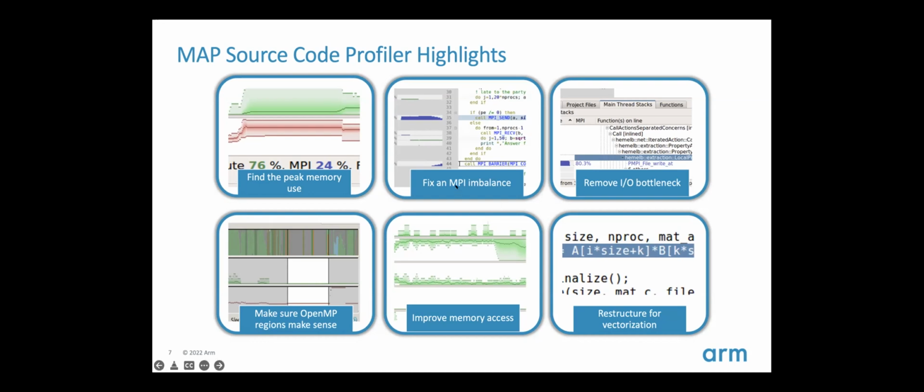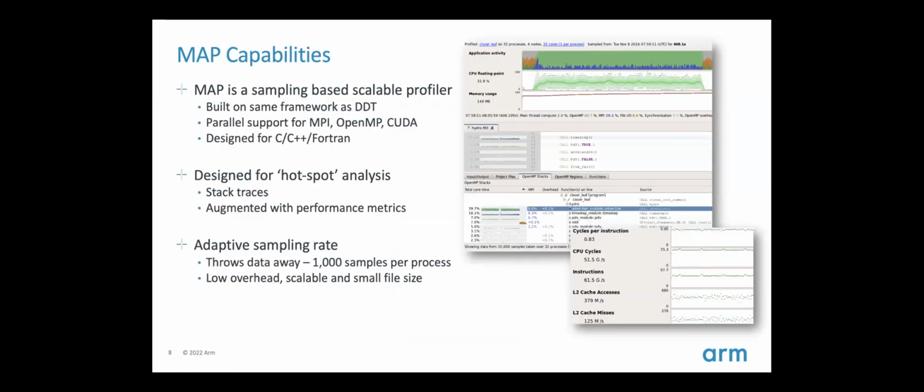And you can look at just about everything. Any kind of PAPI event or MPI event or IO event can be monitored in MAP and can be analyzed to see where your bottlenecks are. It is a sampling-based profiler, so it's relatively lightweight on your application. You can adjust the sampling rate so that if you find that it is sampling too often and interfering with your execution, you can reduce the sampling rate.